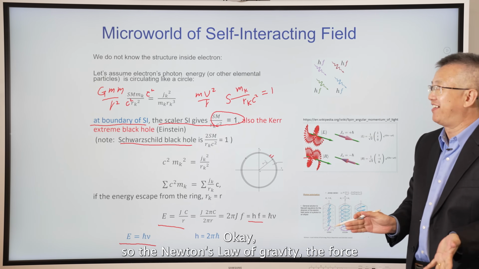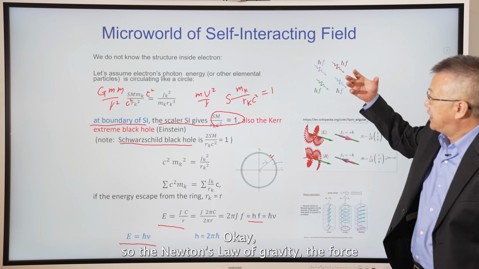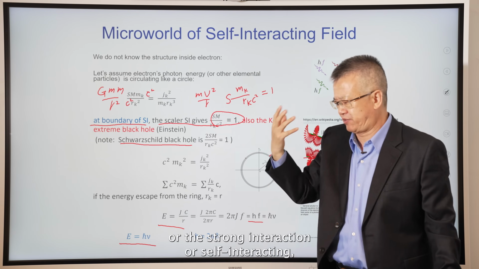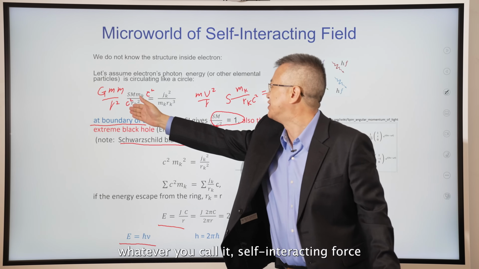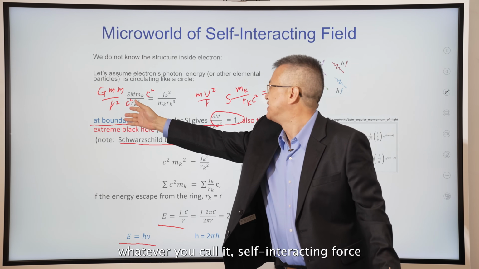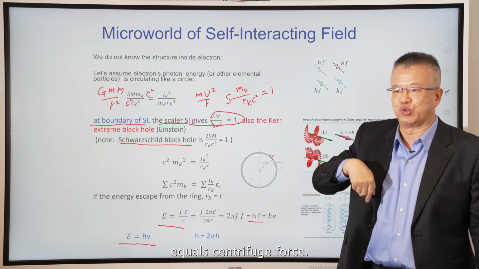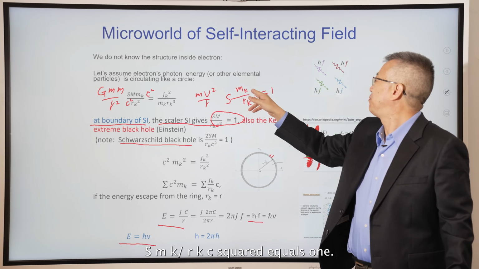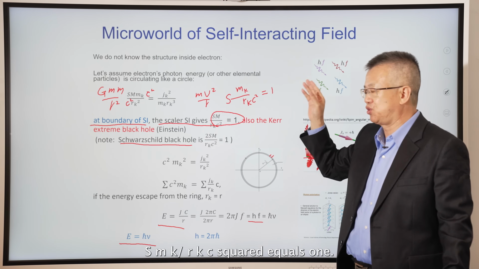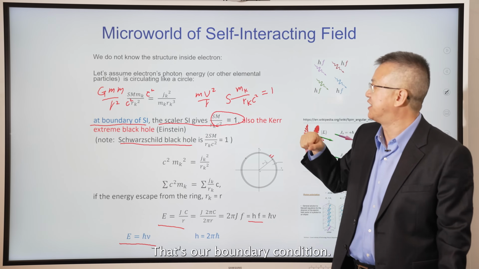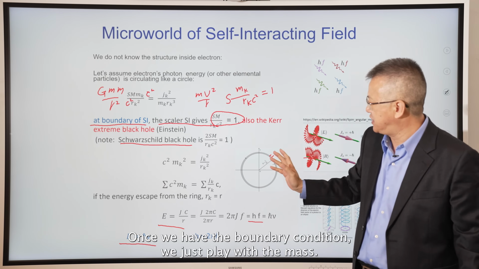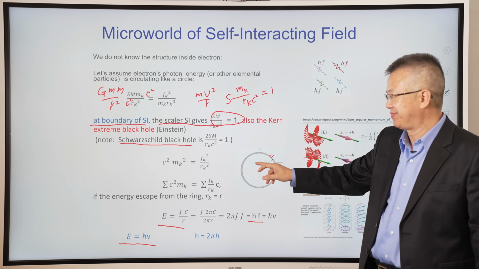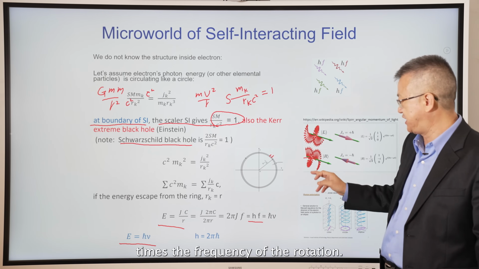How do we get from here? The Newton's law of gravity force, or the strong interaction or self-interacting force, whatever you call it, equals the centrifugal force. But we have a boundary condition: the sum of m_k r_k c squared equals 1. Once we have the boundary condition, we just play with the mass. We see that it's the angular momentum times the frequency of the rotation.